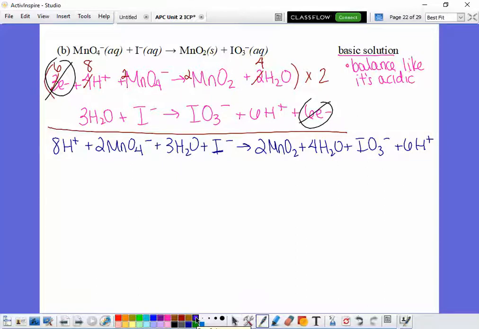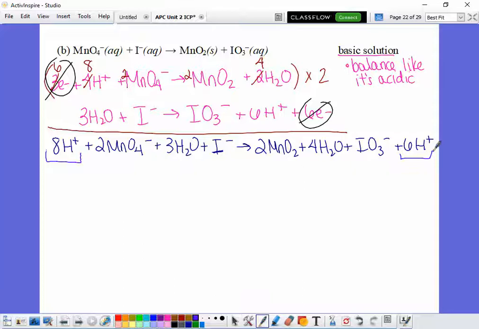All right, so now, what do you notice here and here? Or the fact that there's H plus on both sides. That's what I'm getting at. We're putting in 8 H pluses and getting out 6 H pluses, which means what's our net? 2 in.